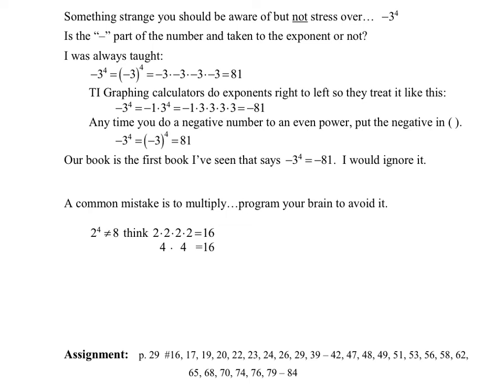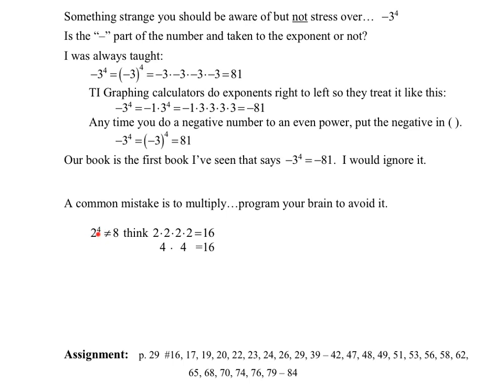Okay, here's the other common mistake, and I saw it when we used to do these RTI tests in class all the time. The first one was something like this, and people just right out of the gate look at it and think 2 times 4, and they say it equals 8. So you have to program your brain: exponents are multiplication, but it's 2 times itself this many times, 4 times.